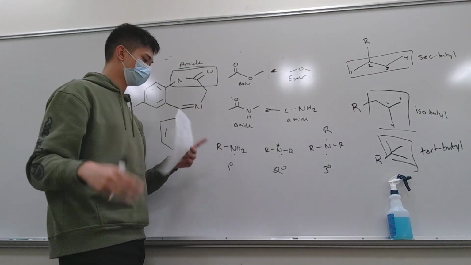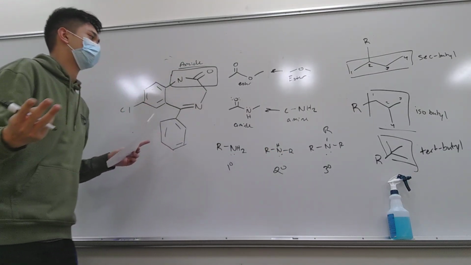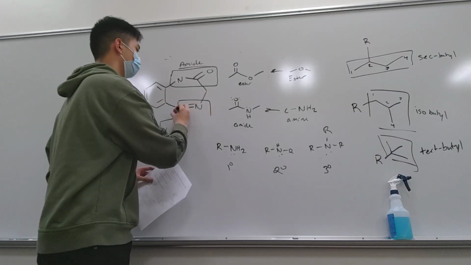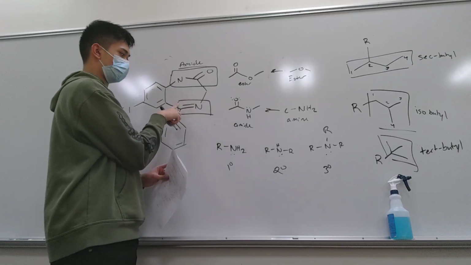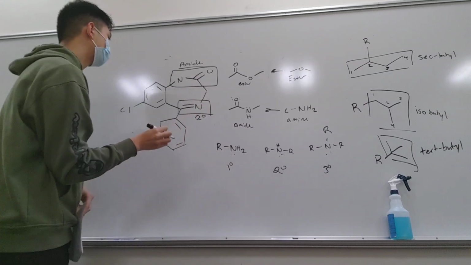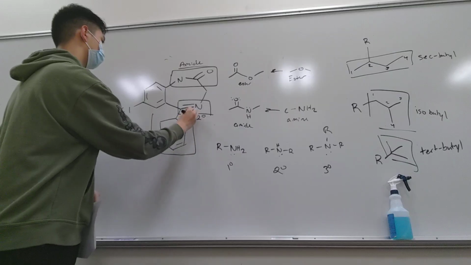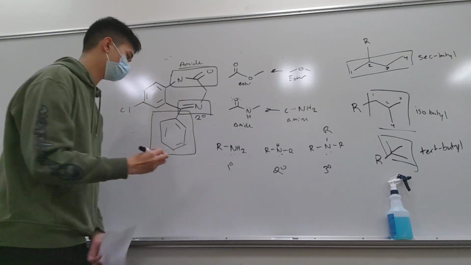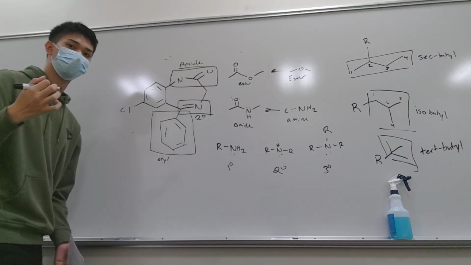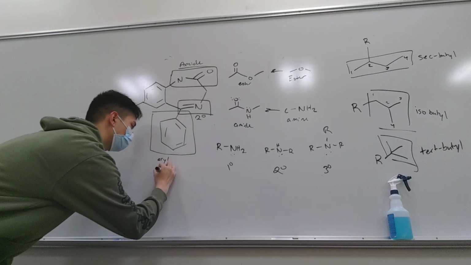Okay, what else can I see aside from the amide? That's our secondary amide. And then we also see this thing right here, an aryl group. Aryl, but more specifically, it is a phenyl.